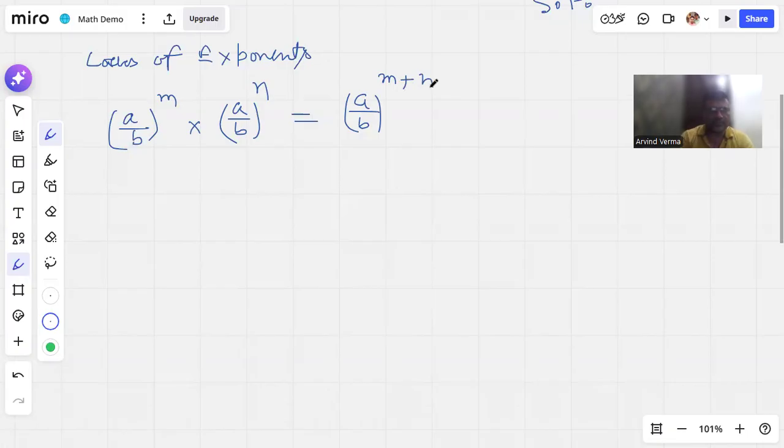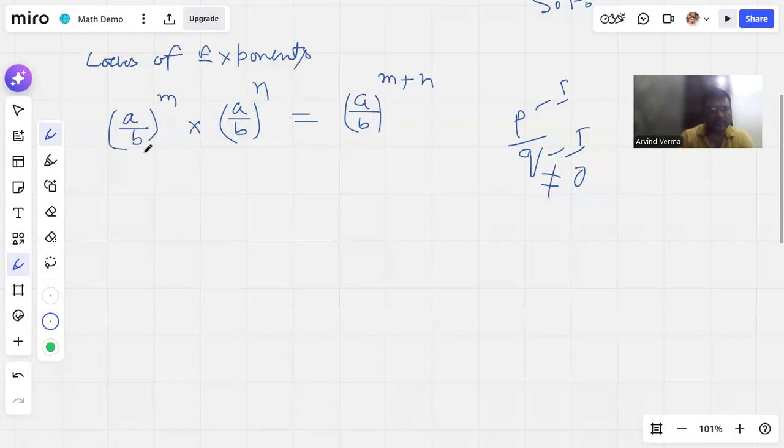What have I written? I have written that the base is a upon b. Why in a upon b form? A upon b is just like p upon q, because it is a rational number, and we represent a rational number in the p upon q form where p and q are integers and q is not equal to 0. That's why we have written a upon b raised to the power m into a upon b raised to the power n.